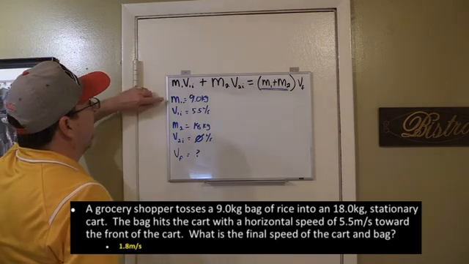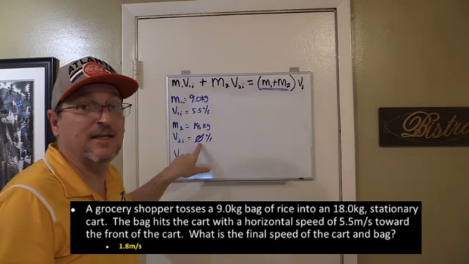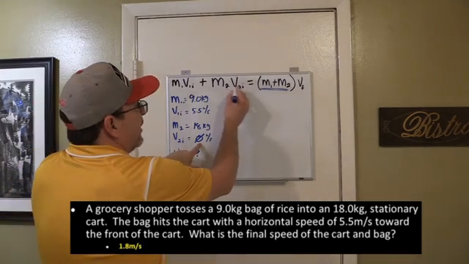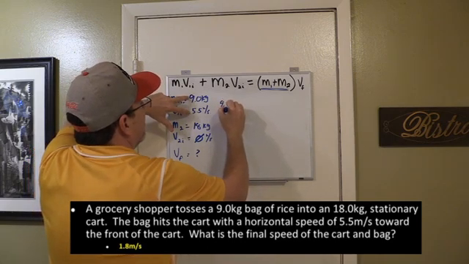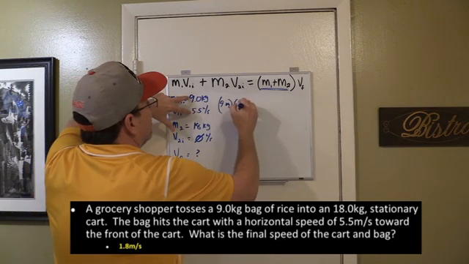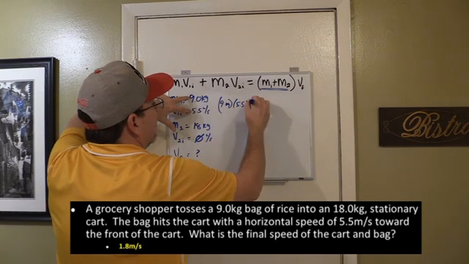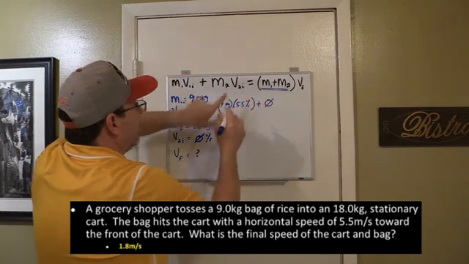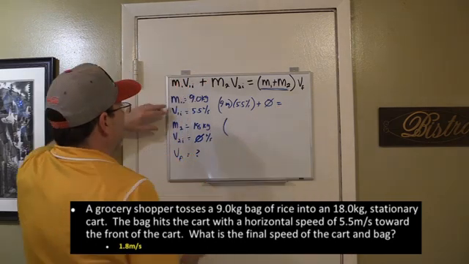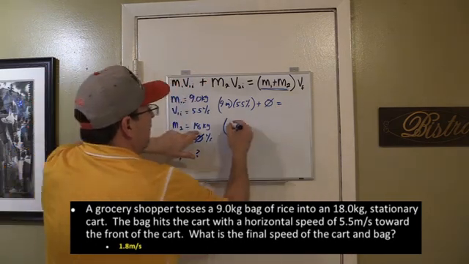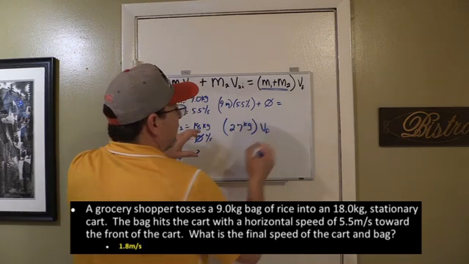All right, so here we go. For this one, the velocity is 0 because the cart is at rest. That means this entire term is going to be 0. So I'll have 9 kilograms times 5.5 meters per second, plus 0, that's my second term because of the 0 velocity, is equal to 9 plus 18, that's going to give me 27 kilograms, times velocity final.